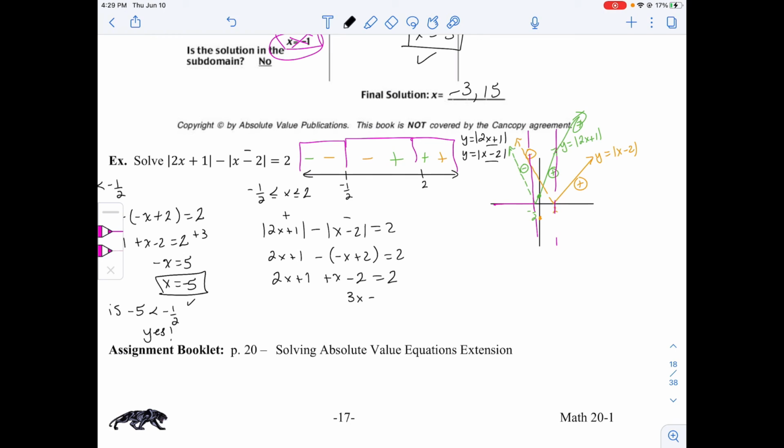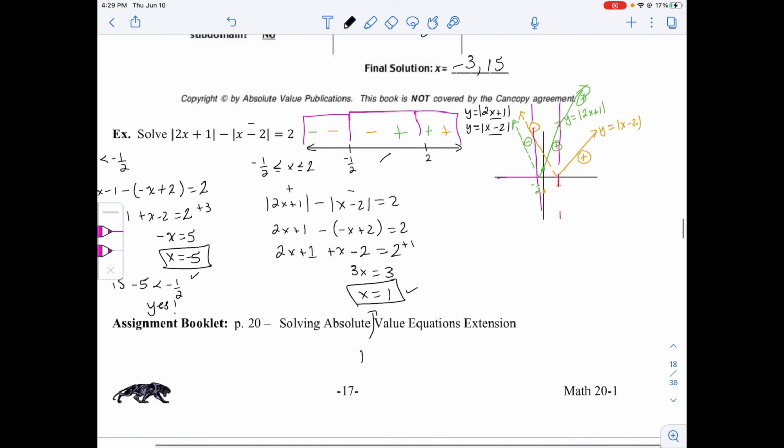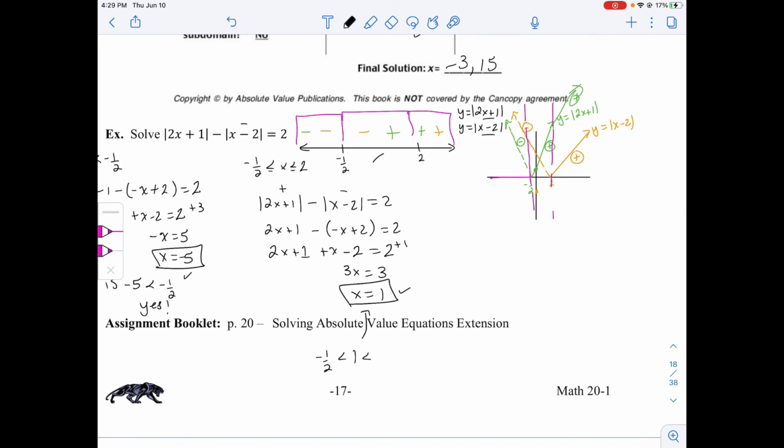So we end up here with 3x equals 3, right? 1 minus 2 is negative 1, plus 1 is 3, so x is equal to 1. Okay, and if we do a little double check here, is 1 between negative 1/2 and 2? Yes, it is. So it looks like that one is also a solution.